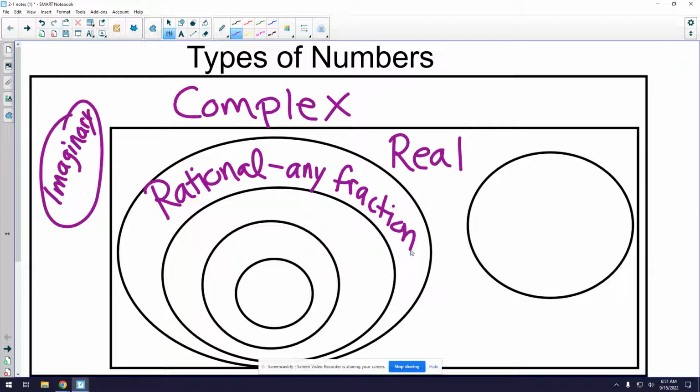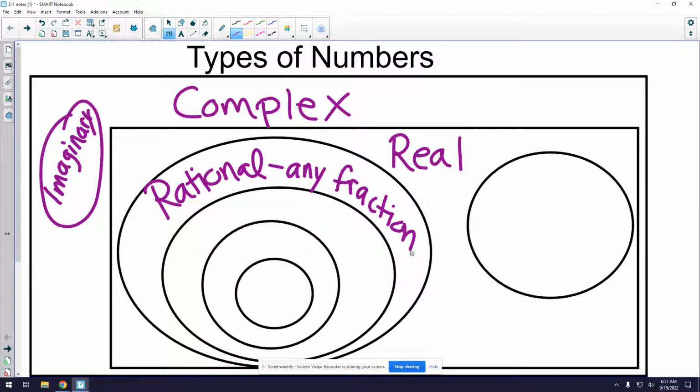It can be converted from a decimal form to a fraction form, or numbers like 7 is a fraction because that is 7 over 1. So if it is a decimal that ends like 0.5, I could convert that to a fraction. That's 1/2. If it's a decimal that repeats, it also could be written as a fraction.